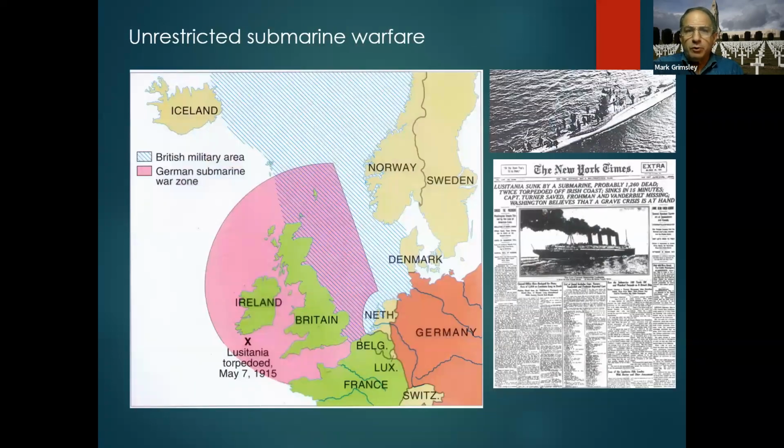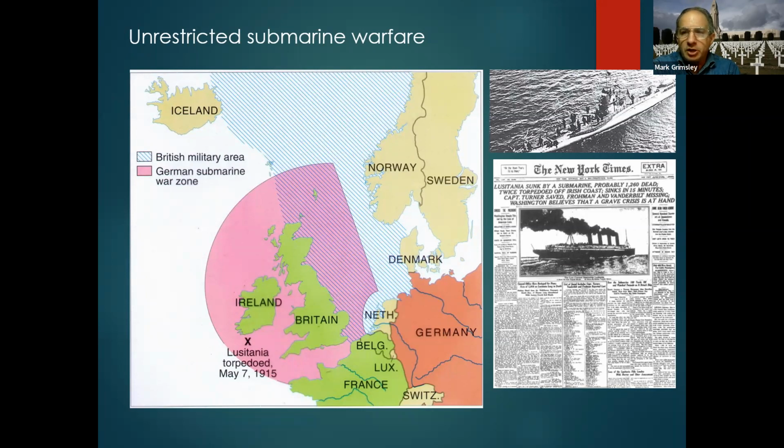You also get during the First World War the phenomenon of unrestricted submarine warfare. Since time immemorial, merchant vessels had gone back and forth, bringing supplies to countries that were at war, and there had always been techniques available to stop those merchant vessels from reaching the ports of an enemy country.